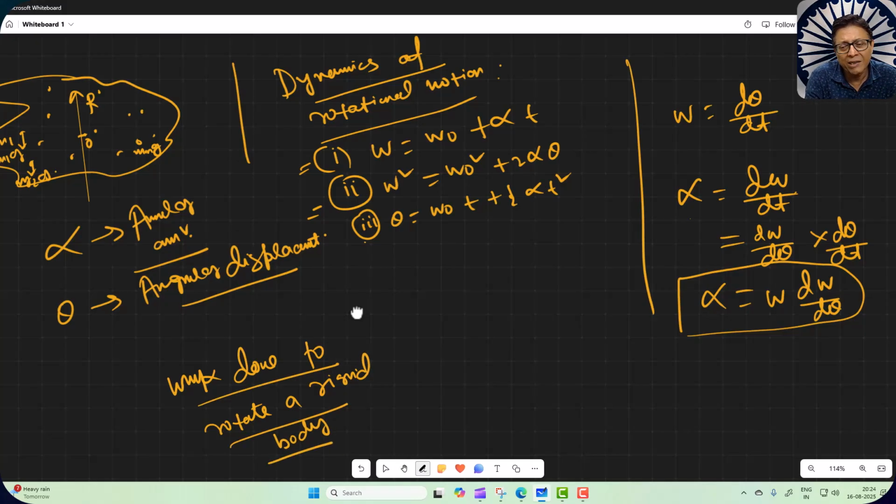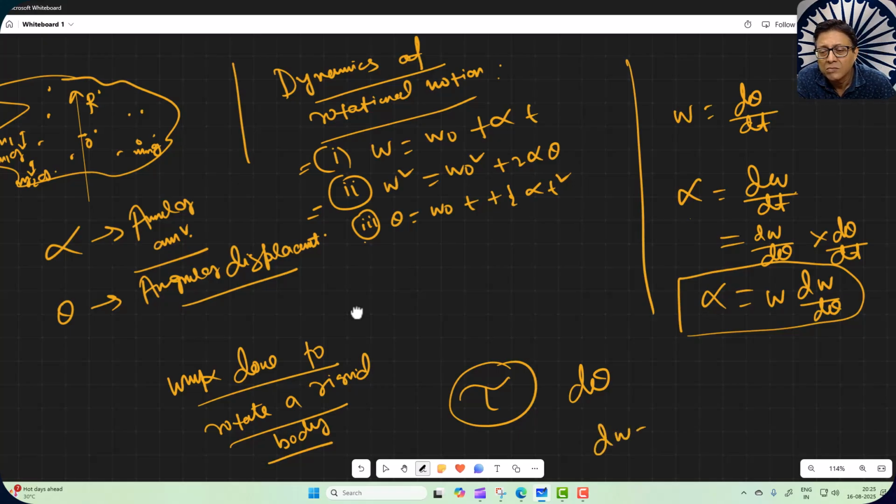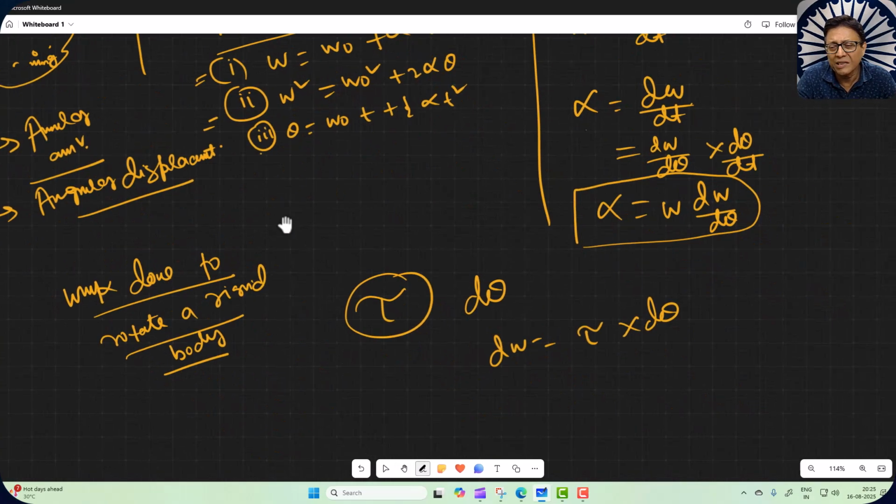This is given by, on a rigid body you have applied a torque tau, you have rotated by an angle d theta, then the work done is given by dW equal to tau into d theta. No vector is required, just tau into d theta. Very easy to derive. You can take any rigid body here.